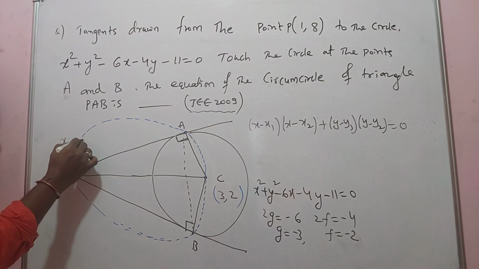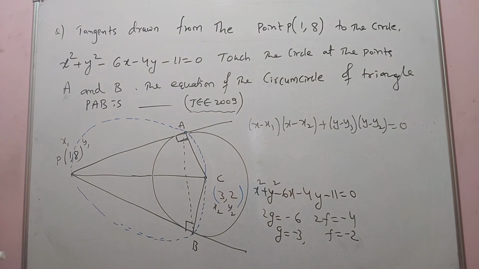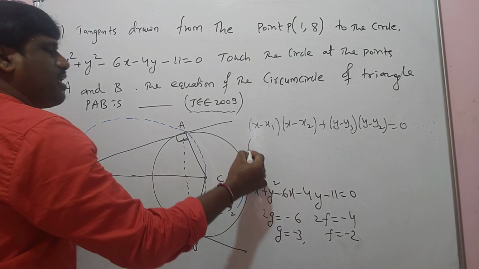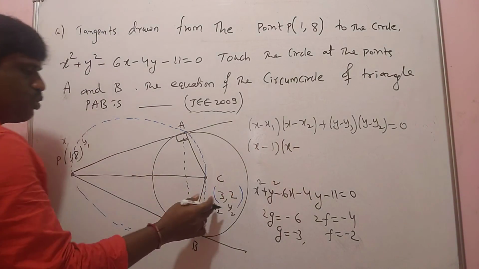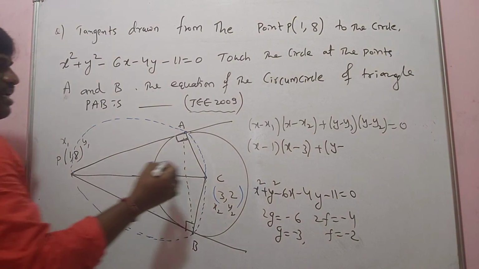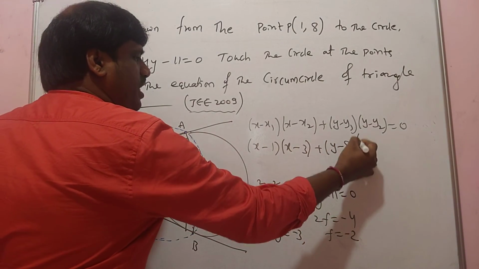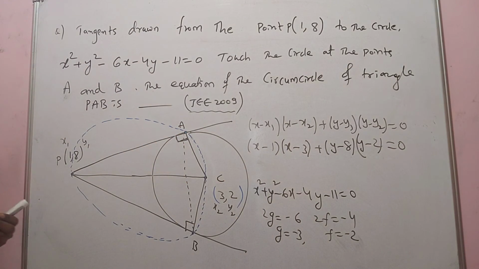So you can take P as (x1, y1) and the center as (x2, y2), and substituting, you get the equation of this blue circle, which is what we are asked to find. So I can write (x − 1)(x − 3) + (y − 8)(y − 2) = 0.